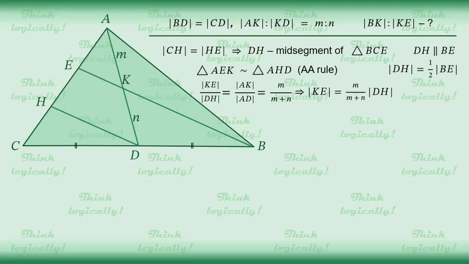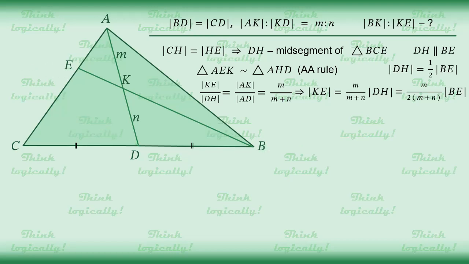But the length of DH is half the length of BE. Hence, we can replace the length of DH by the length of BE, multiplying the denominator of the fraction by 2. So we express the length of segment KE in terms of the length of the whole segment BE.